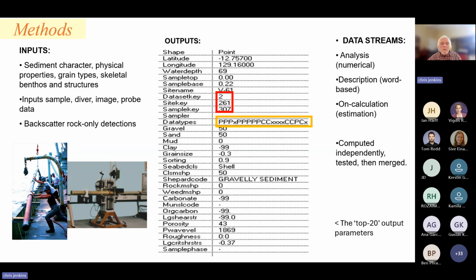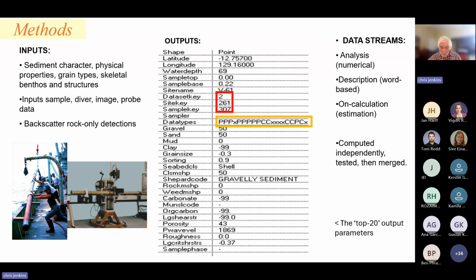A critical step forward in the design of the system was saying that we are going to output a top 20 of parameters, and here they are listed after all the housekeeping for databasing. Things like sorting, grain size, carbonate content, Munsell code, a roughness metric, so on. So this top 20 is very stable.